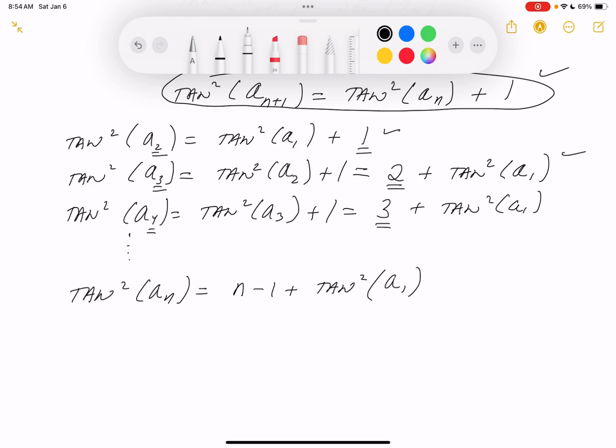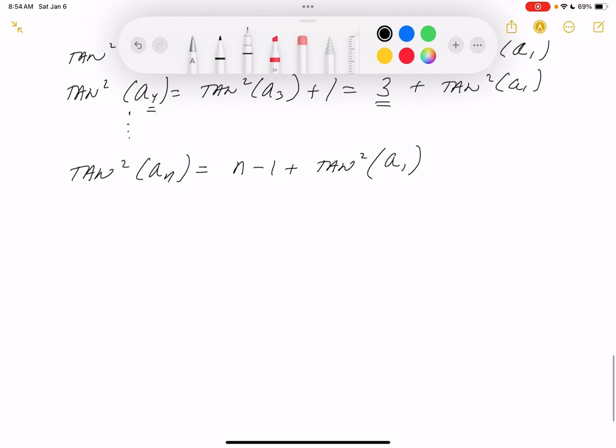That's 4 goes with 3, 3 with 2, 2 with 1, and so forth. I have a problem, though. I'm looking at this tangent squared A1, and I want to go back to the seed value. A1 is pi over 6, and that's 30 degrees. So I'm going to put my triangle down.